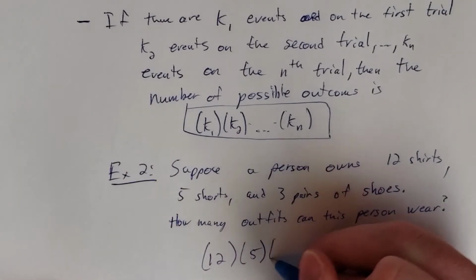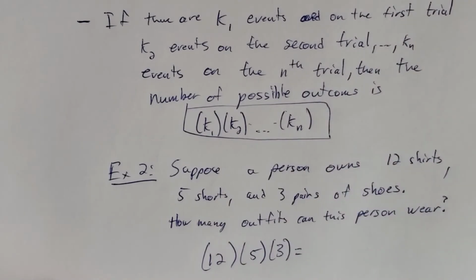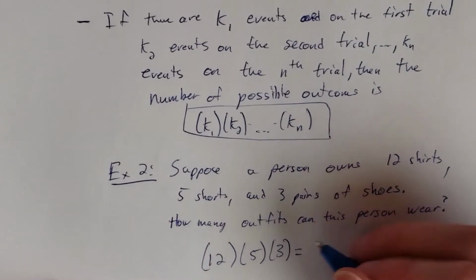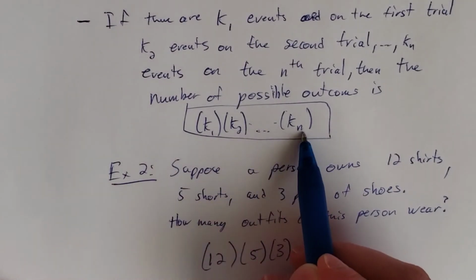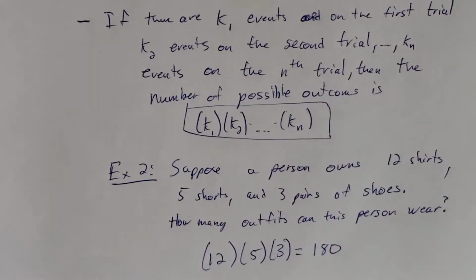So our total number of outfits is just the product of those 3 things. 12 times 5 is 60, times 3 is 180. And so we see an example of this second rule. And of course, if there are the same number of events in each trial, this just reduces to our first rule.